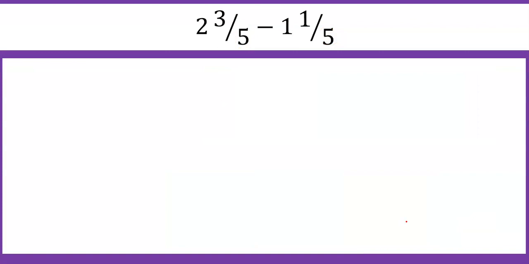So this time I'm going to subtract, and instead of breaking this down and subtracting the fraction and then the mixed numbers, we're going to subtract the mixed numbers at one time, which gets our whole numbers and our fractions. So my question asks, 2 3/5 minus 1 1/5 equals what? Remember, the first thing I have to do is make sure that my denominator is the same number, and in this case it is.